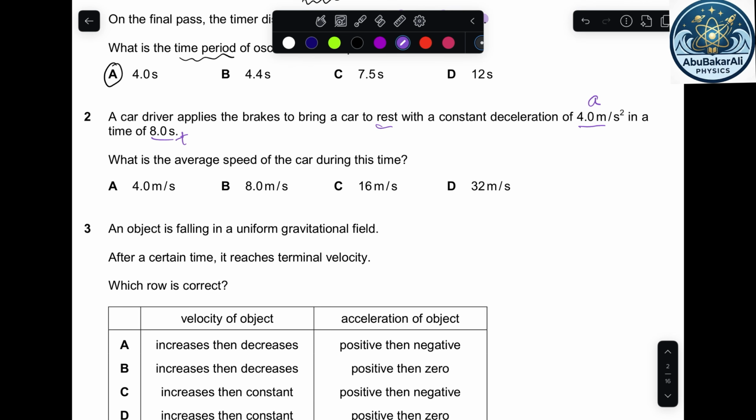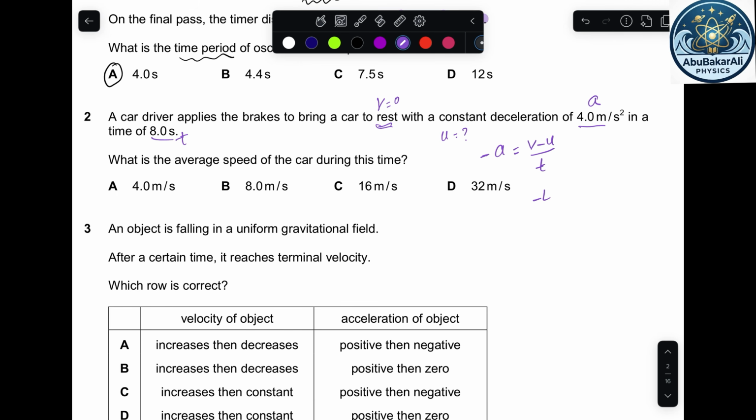For the average speed, this is the final velocity, right? The final velocity is 0. Initial velocity we don't know. So we can first apply a equals v minus u divided by t. This a is negative because this is the deceleration.